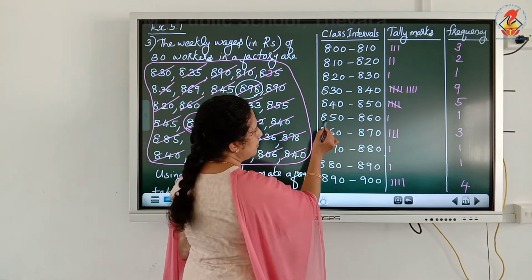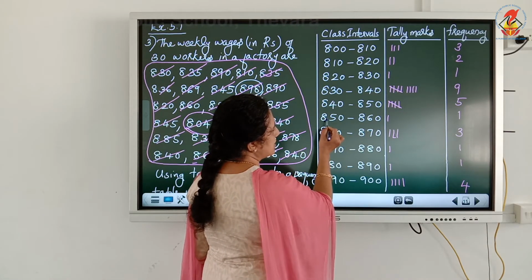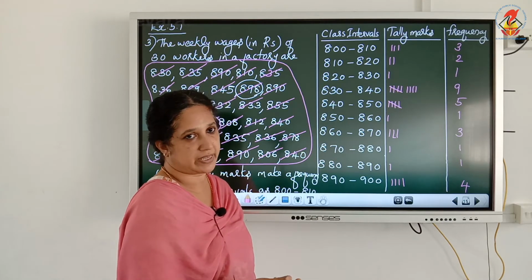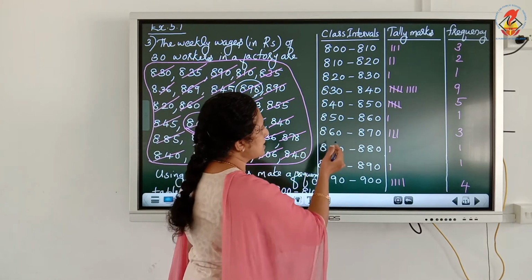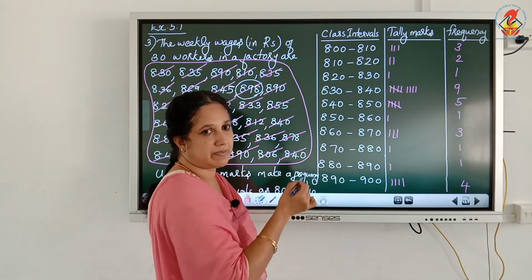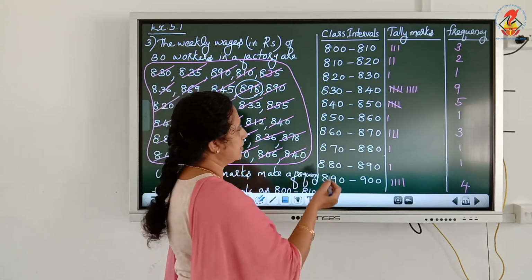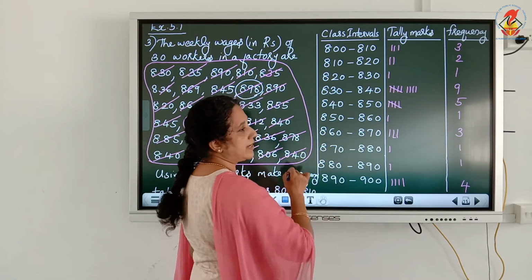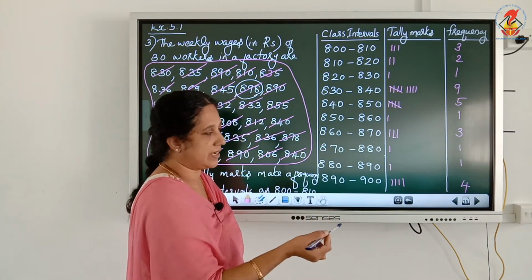But from 850 to 860, we are considering all the values above 850. So here we have to consider the number of workers who earn more than 850.